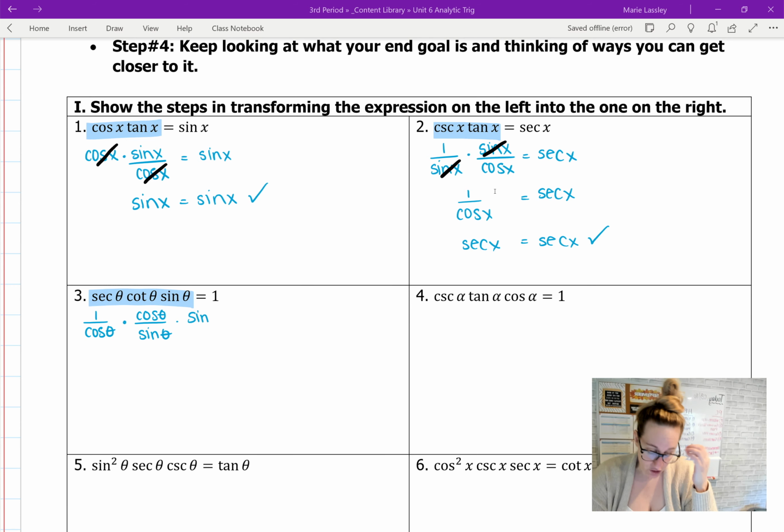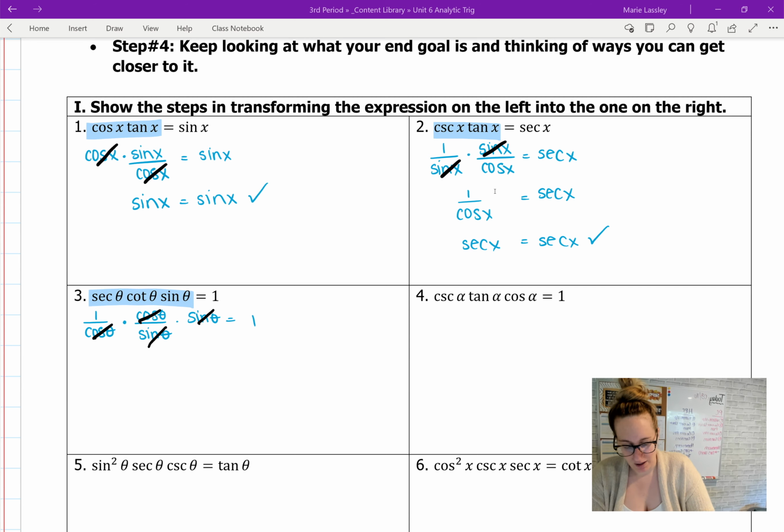There's a lot of stuff that I can simplify here. Cosine over cosine simplifies, and sine over sine simplifies. Well, that was easy. All we're left with on the left is 1, so we have 1 equals 1, check. That would be an appropriate amount of work. You don't need to show any more, that's it. That one was really quick.